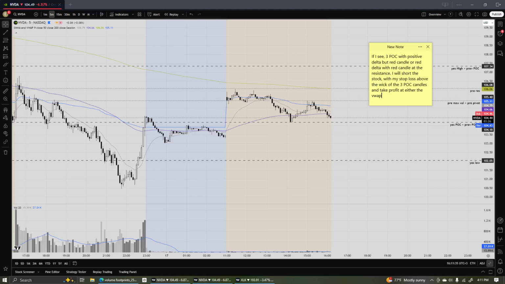either the VWAP, or when do I put my take profit? Or the appearance of, or at the next expected level of reversal.